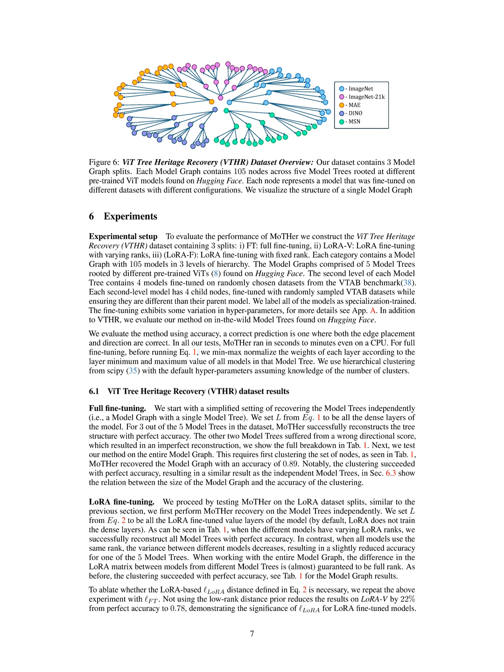When testing mother recovery on the VTHR dataset, the results showed that for the full fine-tuning model trees, Mother successfully reconstructed the tree structure with perfect accuracy for 3 out of the 5 model trees. For the LoRA fine-tuning model trees, Mother successfully reconstructed all model trees with perfect accuracy when the models had varying LoRA ranks.